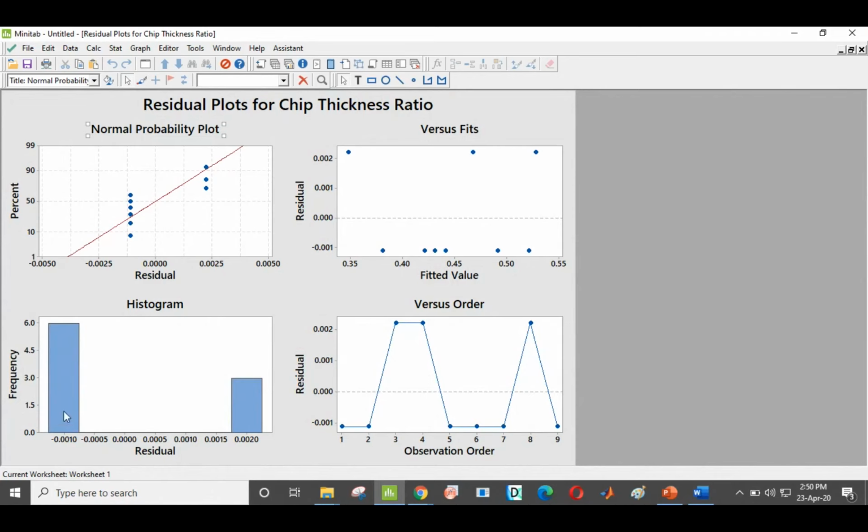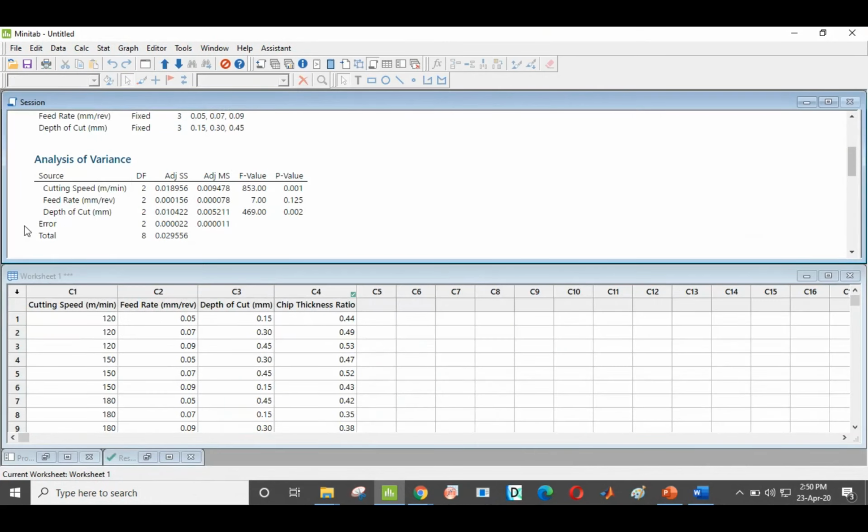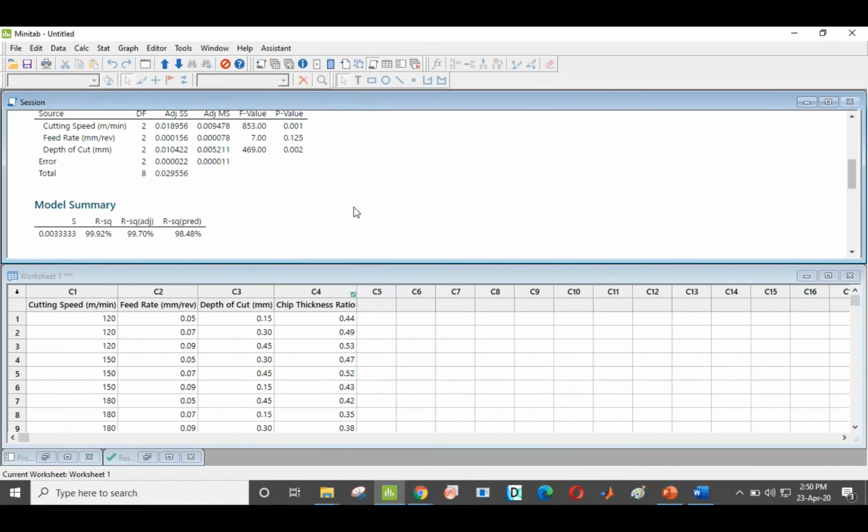The histogram is not following a bell-shaped curve, and the observations versus residual is very small because of this R square value.